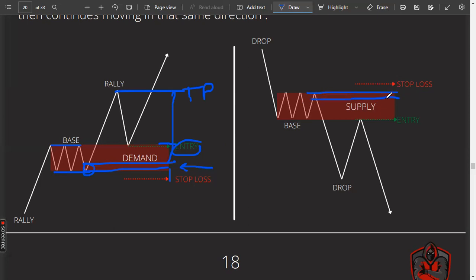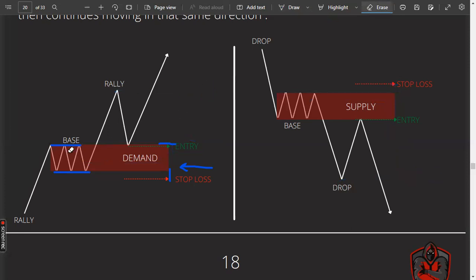So we enter from there up to this swing low. That's where we put our TP. We put our stop loss here, so we can find a good risk to reward ratio. So you can see how nice it is when you are trading order blocks instead of trading supply and demand zones, okay?